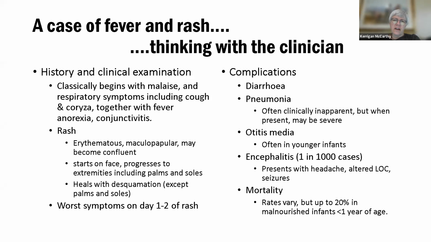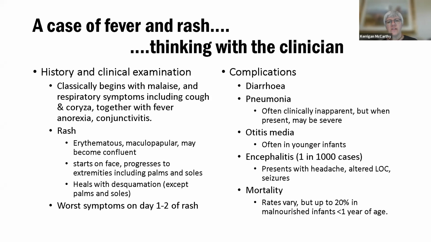So measles is usually an uncomplicated infection in healthy, otherwise well children. However, there are a number of conditions that exacerbate underlying measles and lead to a predisposition to complications.